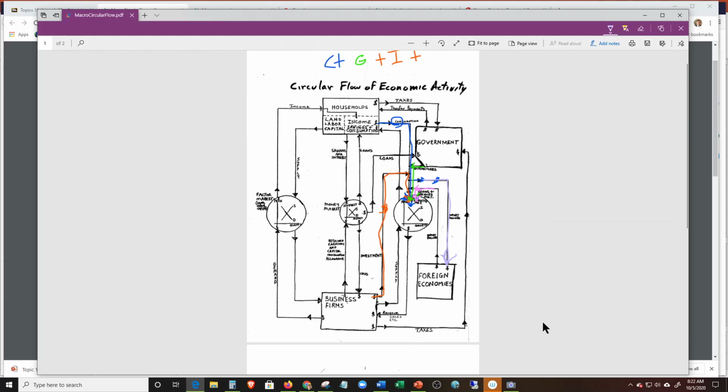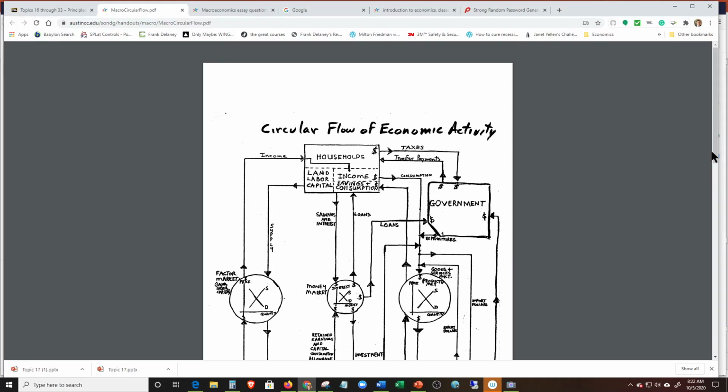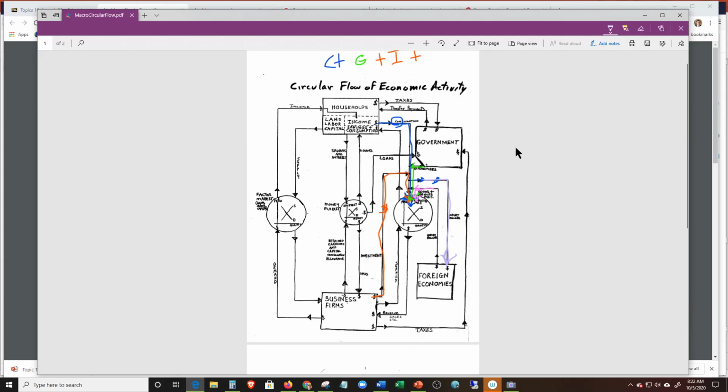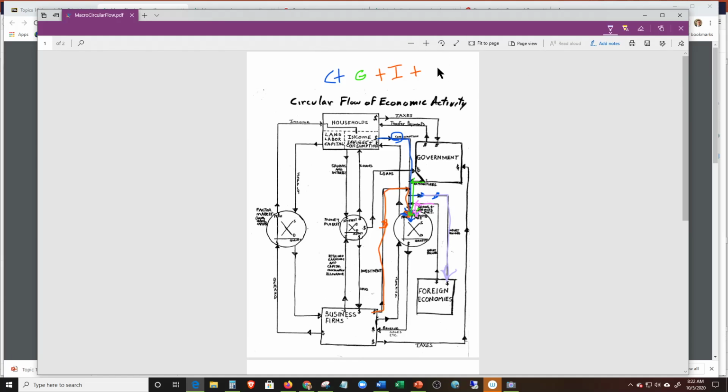And so at the top here, we're going to have to add the amount of goods sold abroad minus imports. There you go. That's the expenditure approach.